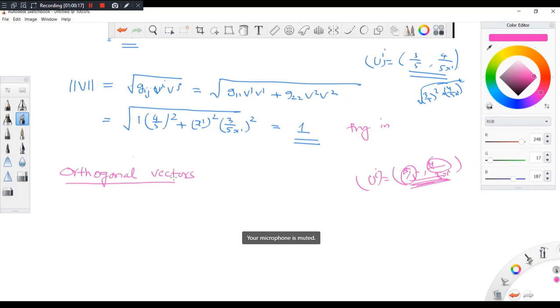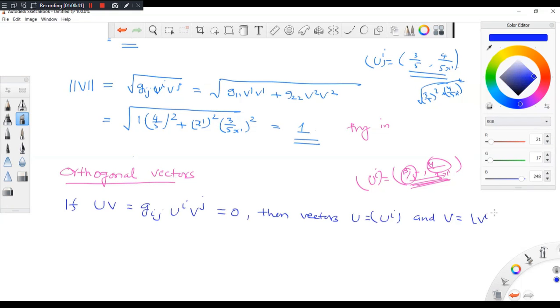If the product g_ij U^i V^j is equal to 0, then the vectors U equal to U^i and V equal to V^i are said to be orthogonal. Okay, so now you know.